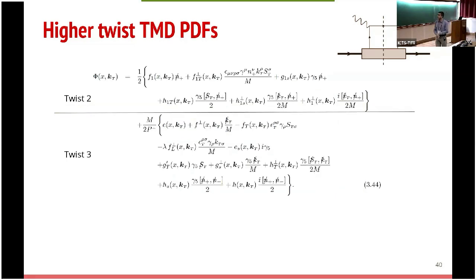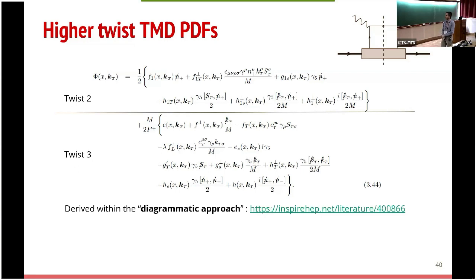Okay, so the same thing happens for the TMDs. You have 8 TMDs at twist 2, at the leading twist. These are the ones that were in the table that we saw before. If you turn on the twist 3 corrections, you get these other contributions here, which are also as complicated as the previous ones.